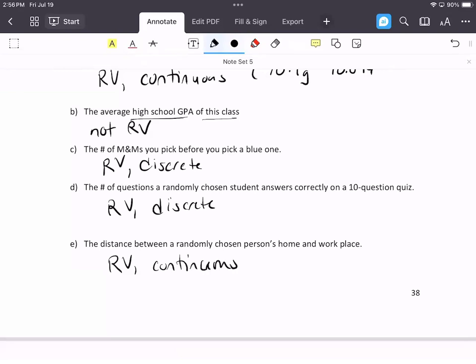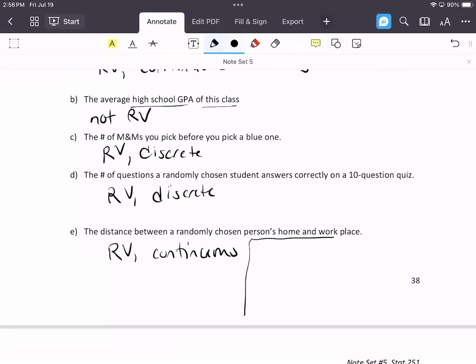So just as a sidebar, I'm going to put a little space here. We started with variables. And we said they're either categorical in nature or they're quantitative. Remember, categorical can also be called qualitative.